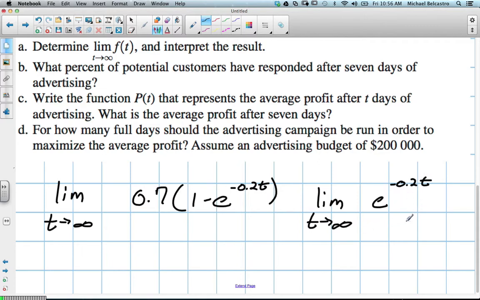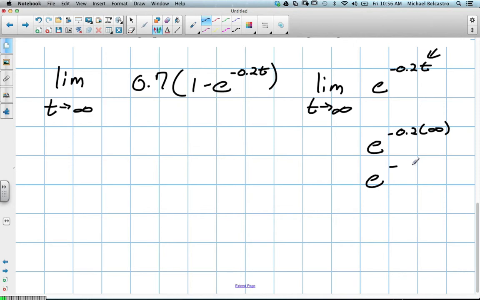It doesn't look like this will be undefined, so let's plug in infinity for t. If we have e to the power of negative 0.2 times an infinite value, we'll essentially have e to the power of a negative infinite value as an exponent, which means as a positive exponent, we have 1 over e to a positive infinite value.